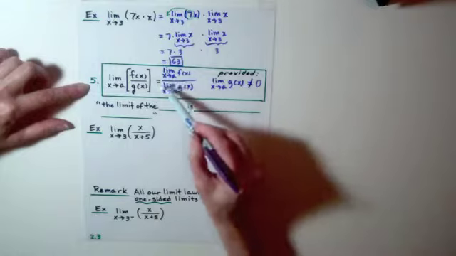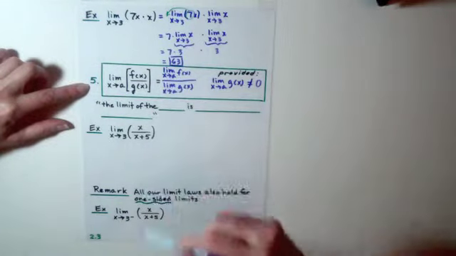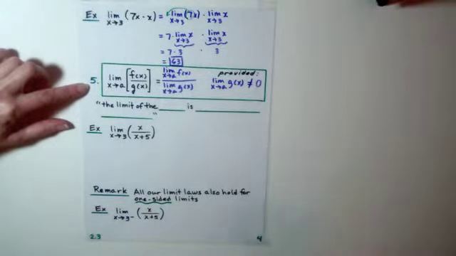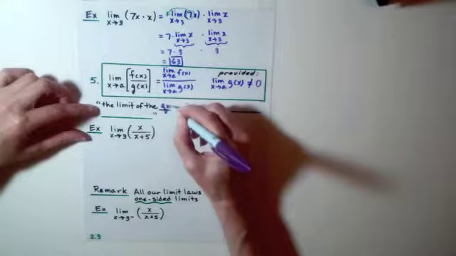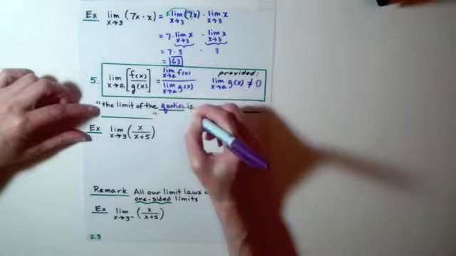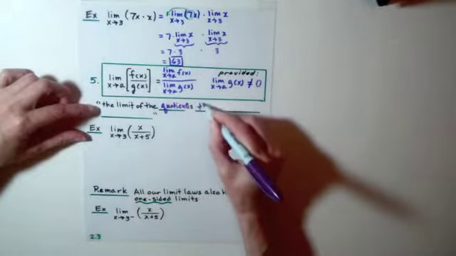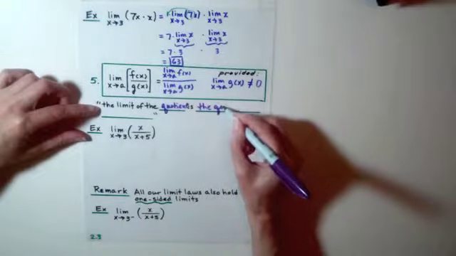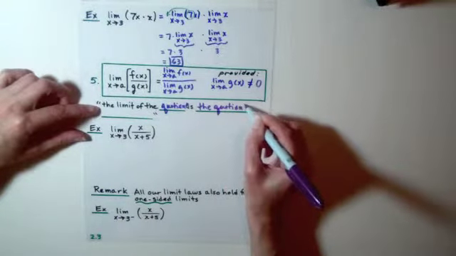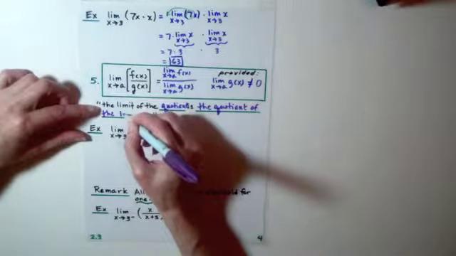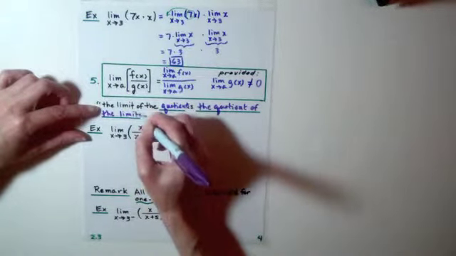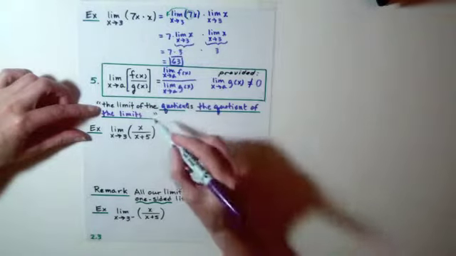But as long as the limit in the bottom is not 0, we can simply find the limit in the top, find the limit in the bottom, and divide those two numbers. So the limit of the quotient is the quotient of the limits, with this provision that we have over here.